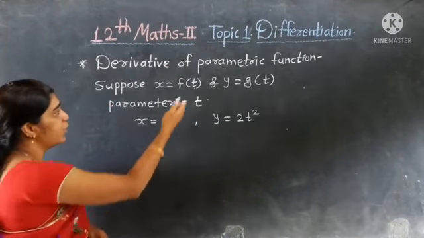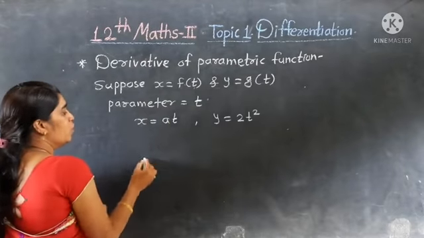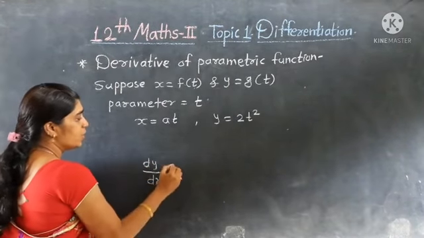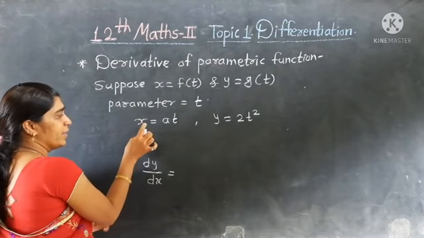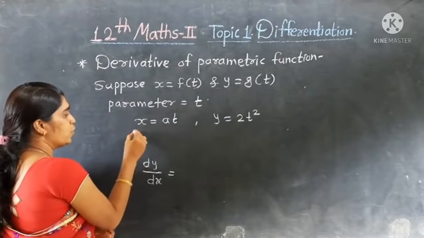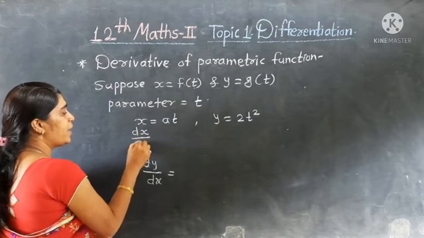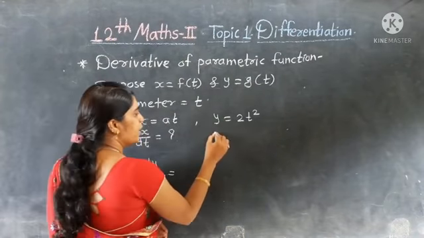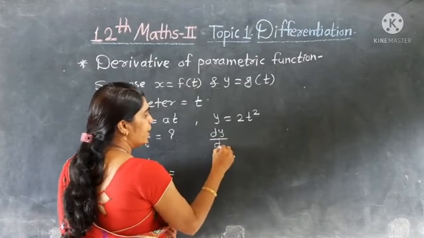So how to find the derivative of this parametric function? We have to find dy by dx. Here x is a function of t, so you will find dx by dt, the derivative of x with respect to t, and here you find dy by dt.